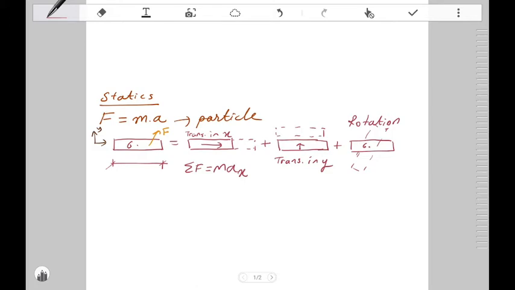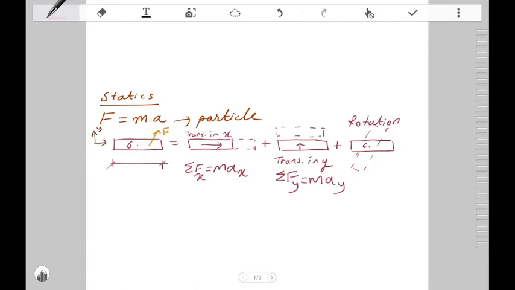Likewise, to write the dynamic equilibrium equation in the y direction, we say that the sum of forces in y must be equal to mass times acceleration in the y direction. This is of course x.